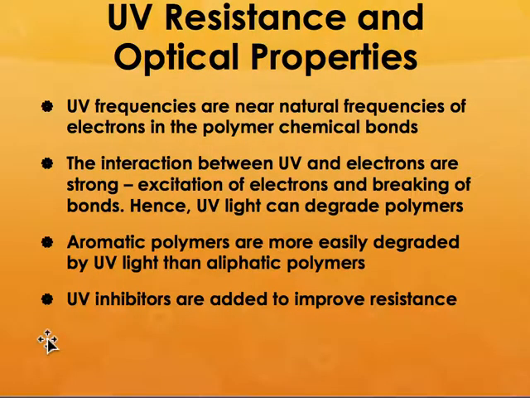You also have to have UV resistance and optical properties. Why UV resistance? Because some of these composites are going to be exposed to sunlight and UV radiation constantly. And you do not want the bonding between the matrix molecules damaged by UV light. And typically the interaction between UV and the electrons inside the matrix are pretty strong, and therefore the UV light can degrade polymers.